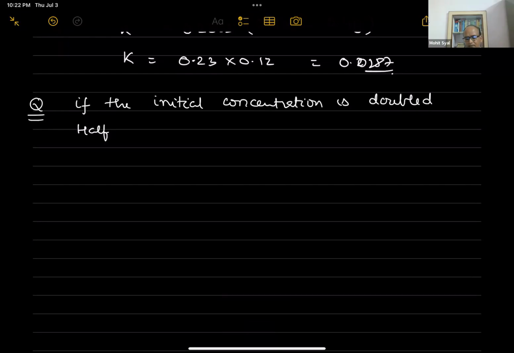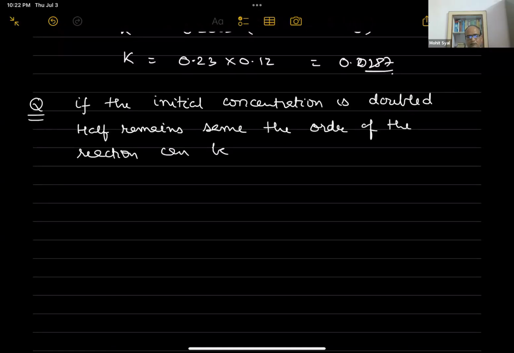Half-life remains same. Very, very easy.